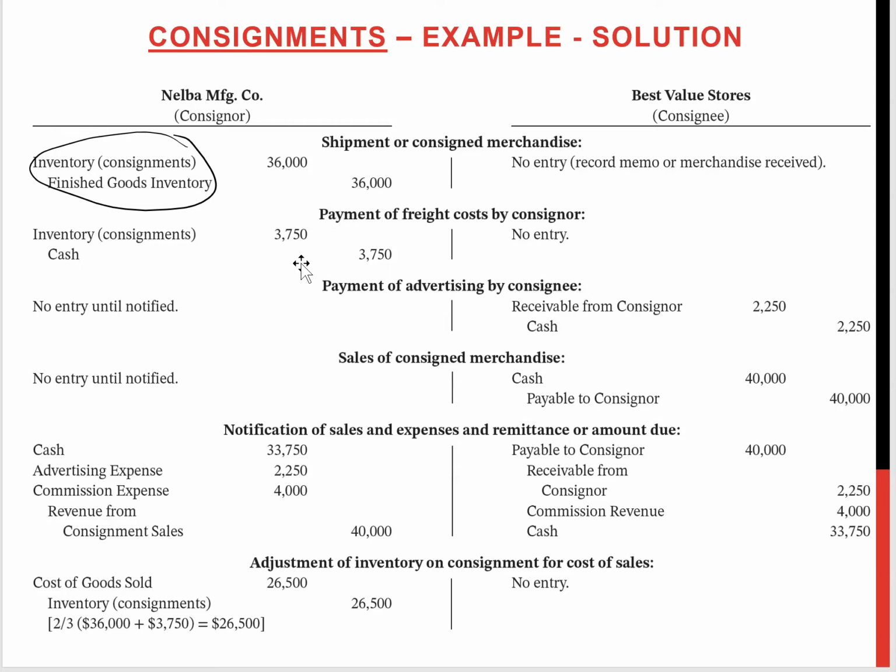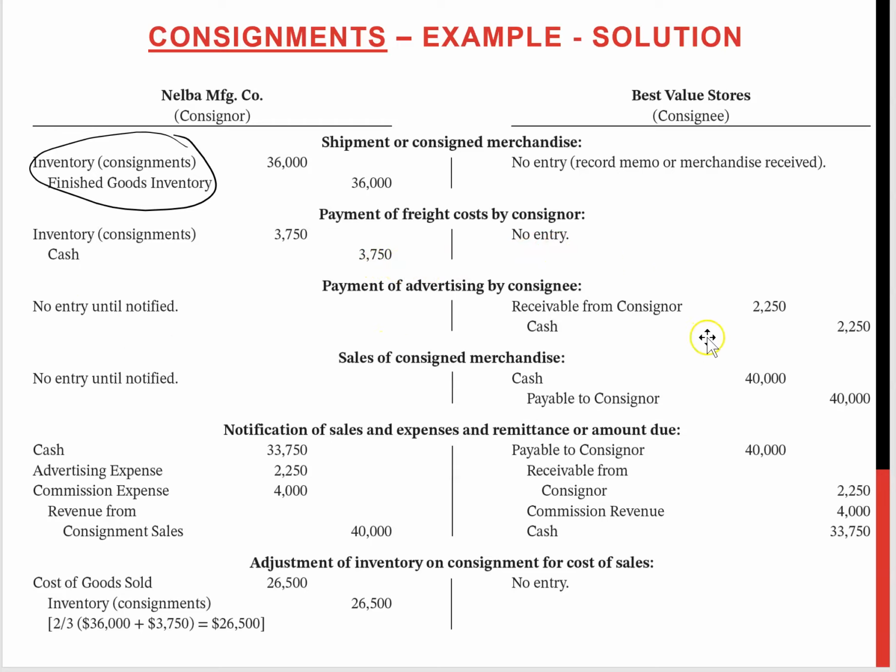Sorry, it's a freight out cost. So they will credit cash and they will add it to inventory. It's a part of the product cost, inventory cost. So they will debit inventory for those consigned inventory, $3,750, and credit cash for the freight out cost, $3,750. On the other hand, the consignee will record nothing.